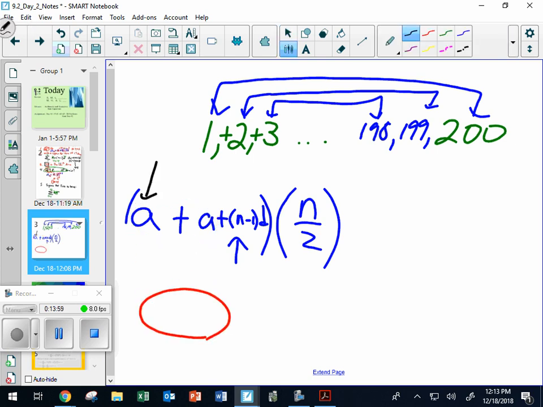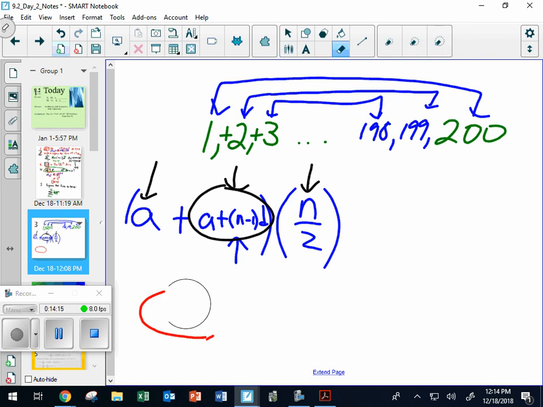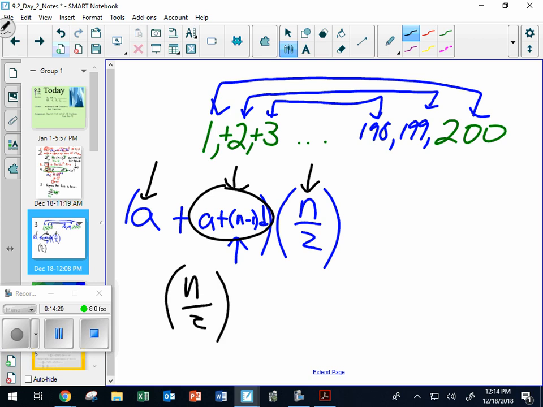And then our last number, that's just the formula you already memorized, you already used to. And then you times by half of how many numbers there are. You could memorize that? That's not that bad. Otherwise, here's what you're going to see in the book. It's the same thing, just rearranged. And they put the a's together and they say 2a.